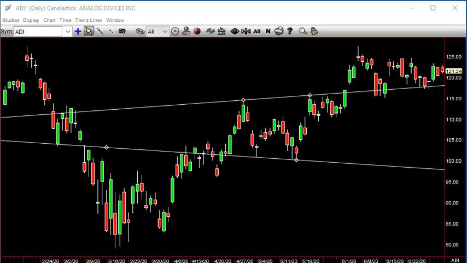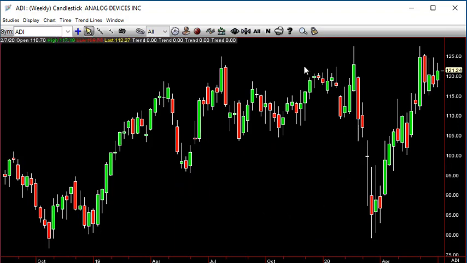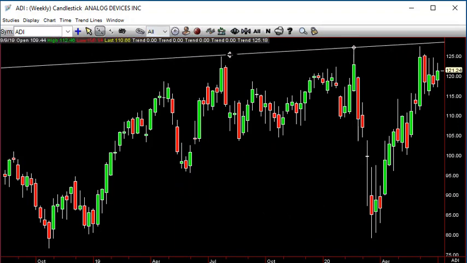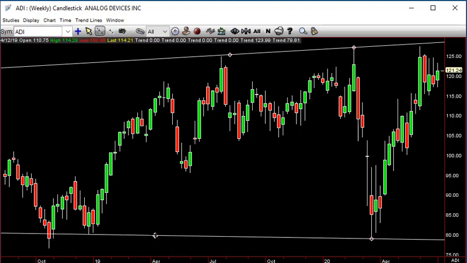Analog Devices. Go to the weekly, you're going to see this. Draw back. Here. This, an outside bar of all this. Here's what we look for. The inside bar. Back up she goes.